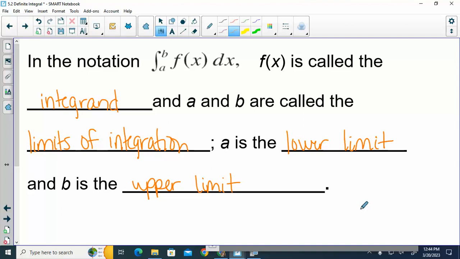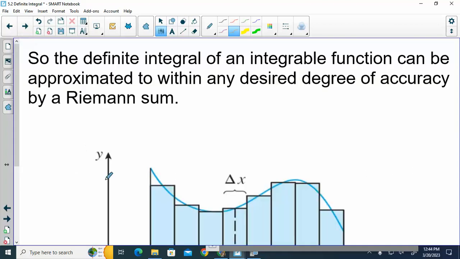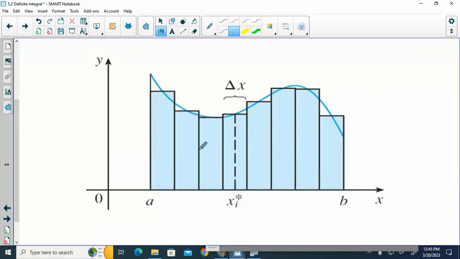The other thing I want to stress, anytime you have this integral symbol, you have to have the dx with it. Okay, so you can't have one without the other, they go together. dx is really just telling us what our variable is, so just get used to writing those things at the same time. So this is the type of problem that we were solving, and we're going to talk about how to use our integral to actually do this.